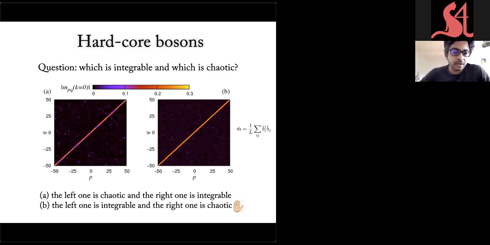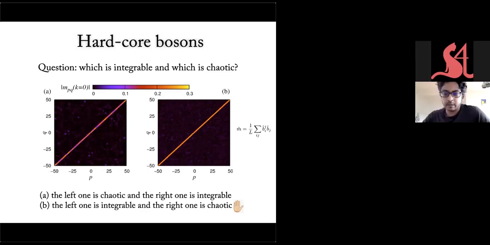So one option is the left one is chaotic, and the right one is integrable. The other option is this is integrable, and this one is chaotic. Now, if you think option B is correct, please raise your hand. Let's take a poll.